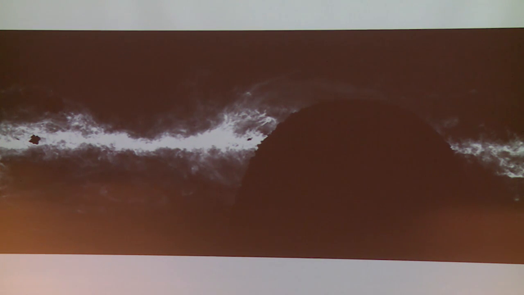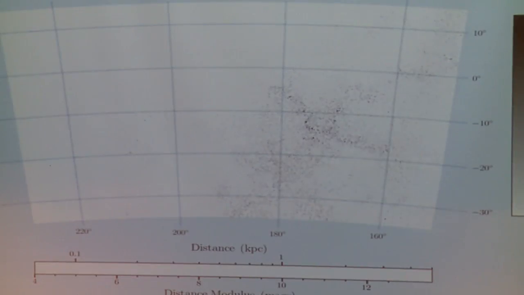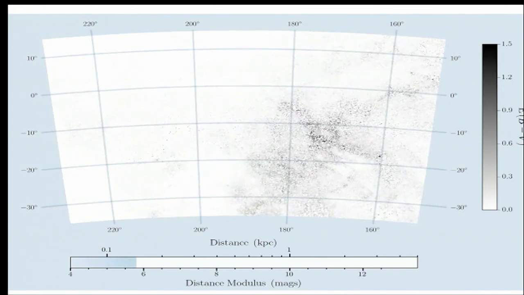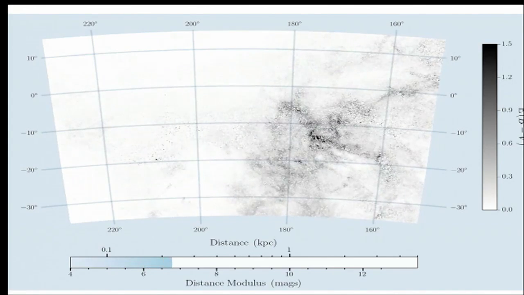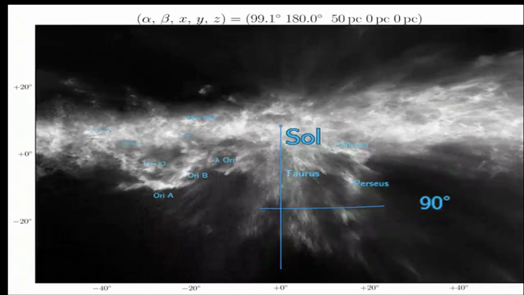Again, this is all entirely derived from the colors of stars. I'm going to zoom in on this region and then on this region, just to show there's quite a bit of angular resolution there. And remember, this is a 3D map; that's just showing you 2D. Another way to look at it is to take a patch of sky and show the cumulative dust as we go out in distance.